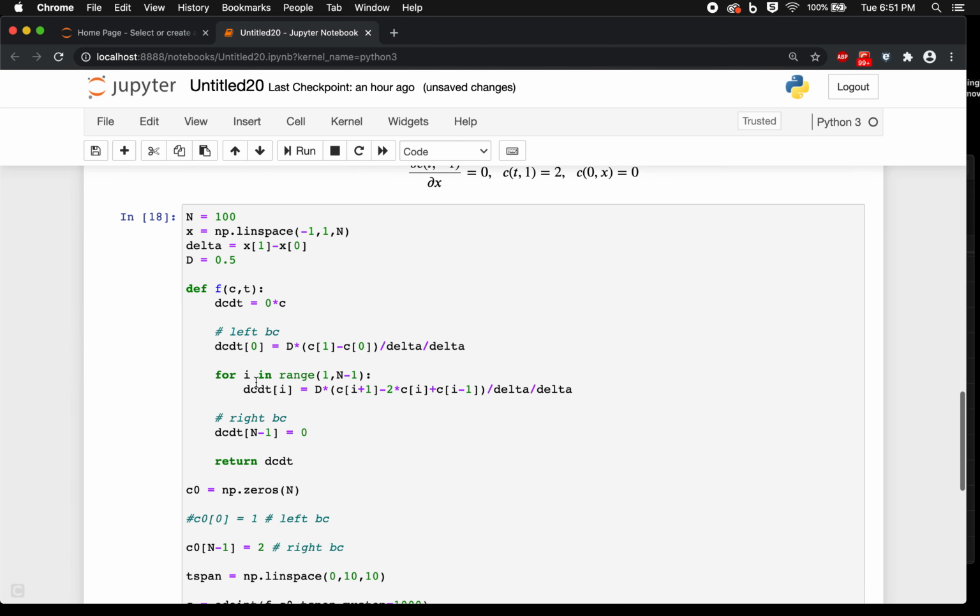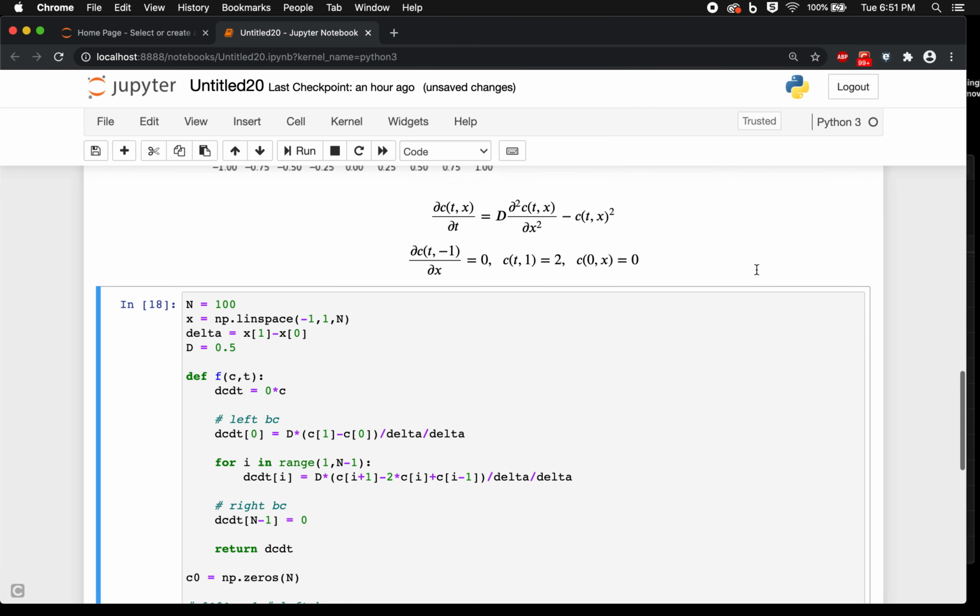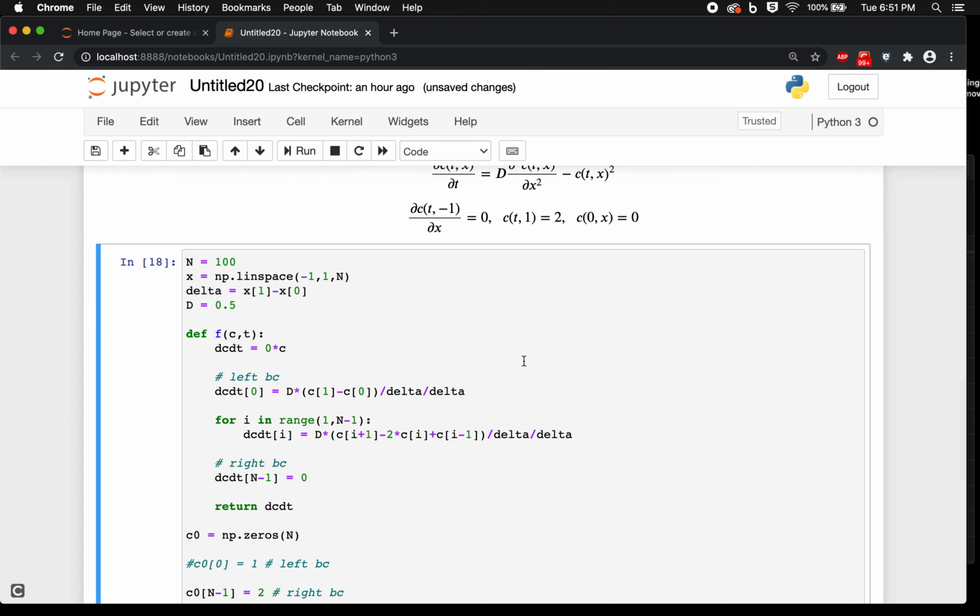Now, if I want to add a reaction, just as before, I want to do c of t comma x squared. So I have c of t comma x squared. What I'm going to do is before, I'm just going to do minus c of i squared here. But because we have this diffusion boundary condition, this is not exactly equal to the derivative equal to 0.